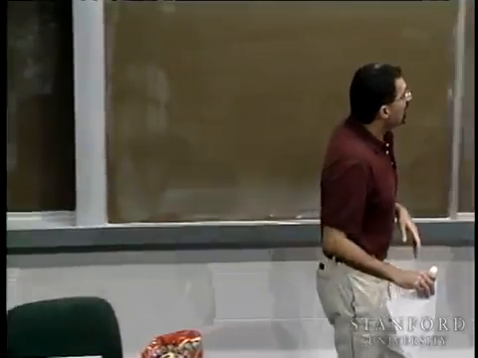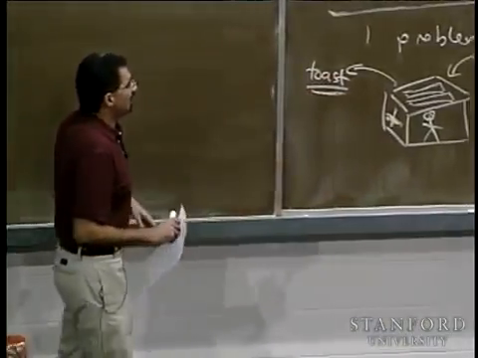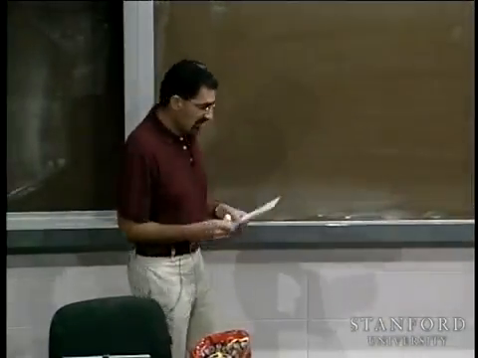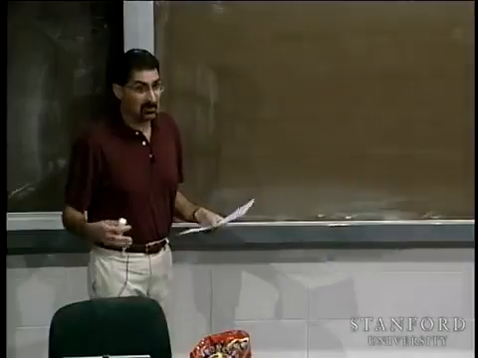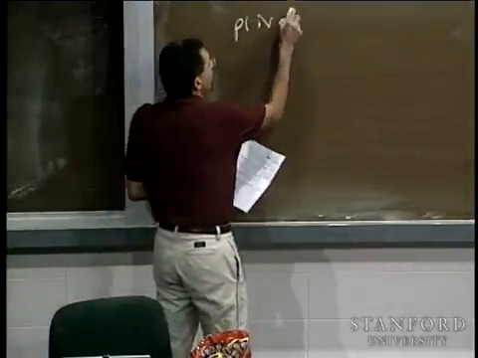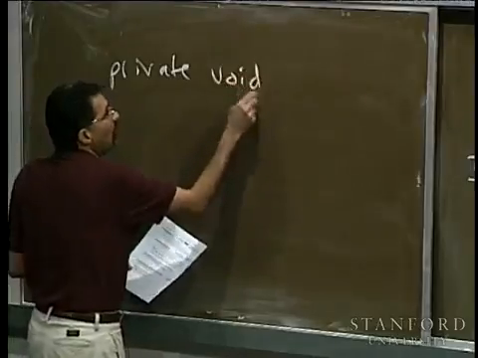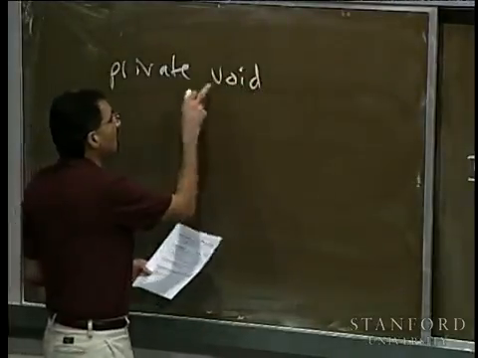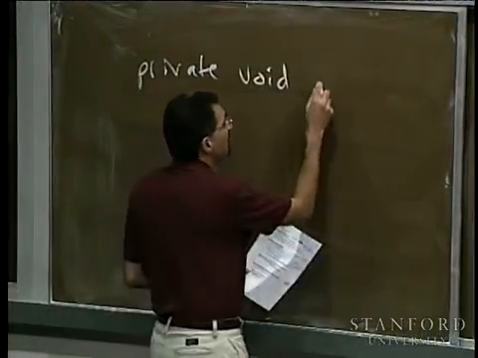Okay? Now, along with that, one of the things we also talked about last time is methods returning values. And I told you sometimes a method doesn't actually have to return a value. And that's when we have private void as the return type, right? Void is the return type, private's just the qualifier.